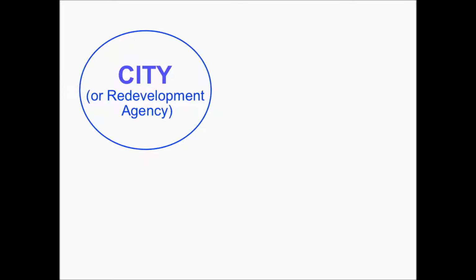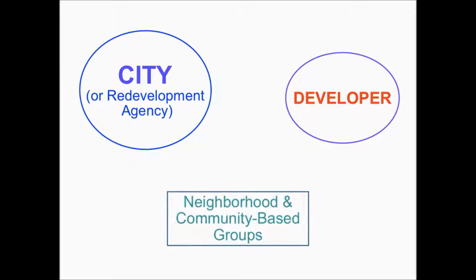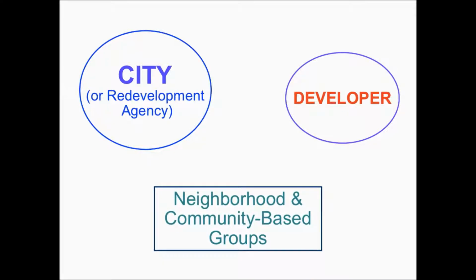This is a diagram. It's some animation for you. What this looks at is the typical conversation that goes on when a developer comes into a city and wants to build something. And typically what happens is a conversation that goes on that excludes neighborhood and community-based groups.